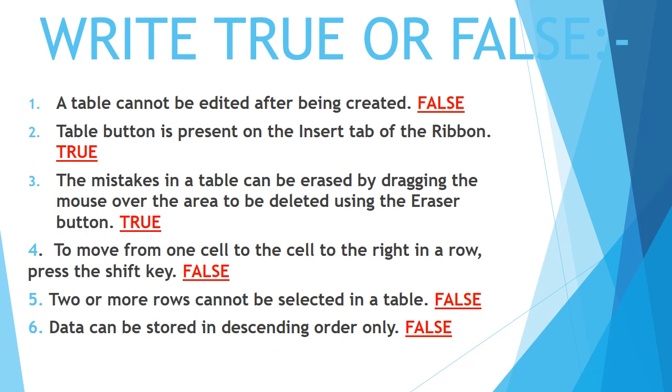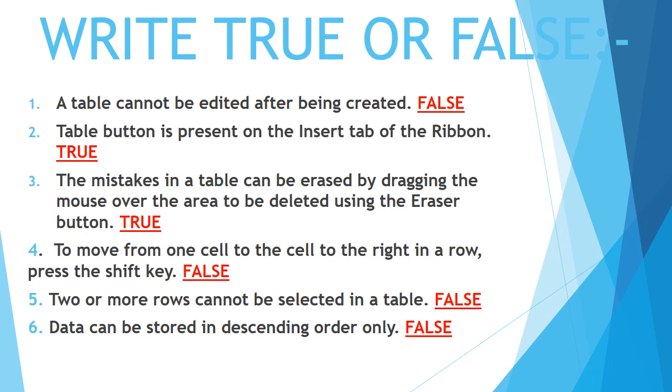To move from one cell to the right in a row, press the shift key. Is this true? No, it is false. Because if you want to move one cell to the right in a row, we have to press the tab key, not the shift key. Two or more rows cannot be selected in a table.